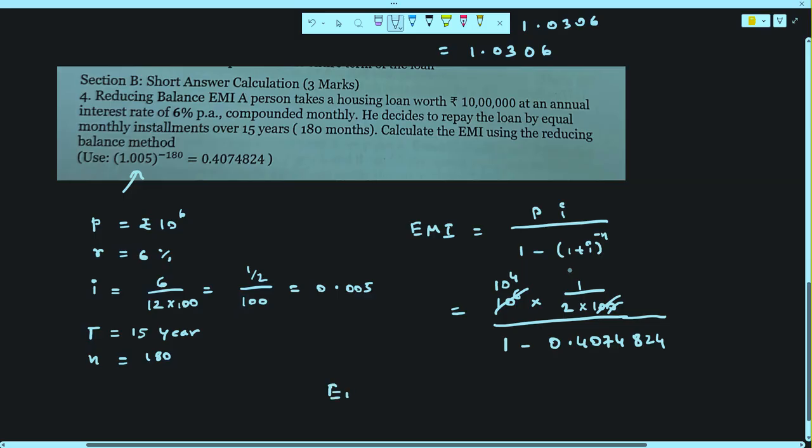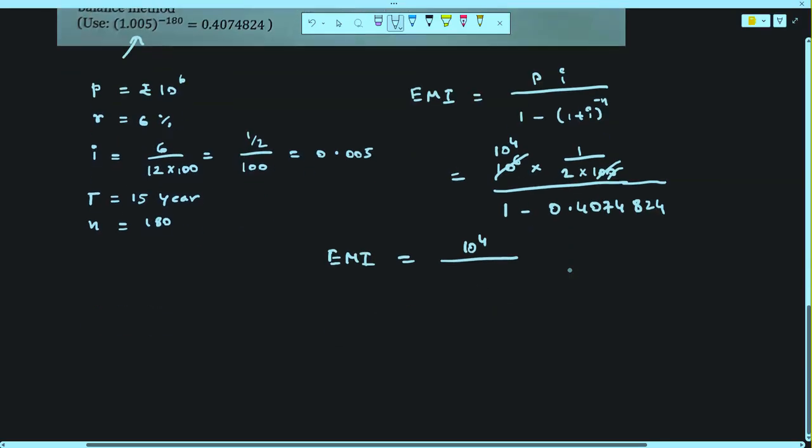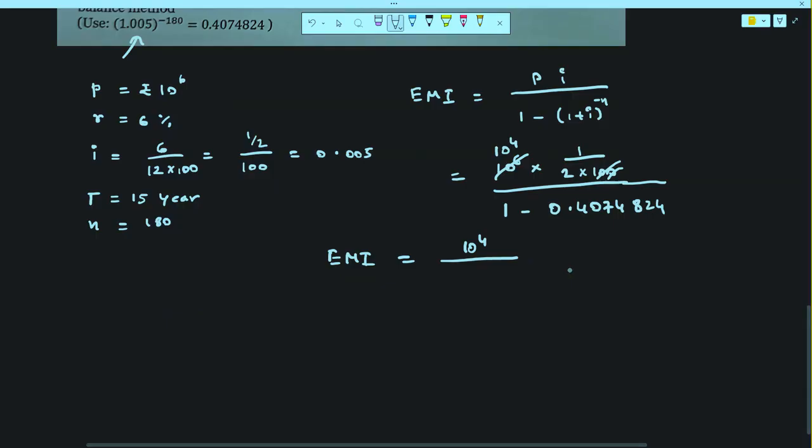So EMI is equal to 10 power 4 divided by, now subtract. Last from 10, all from 9. 10 minus 4 is 6, write down 6.